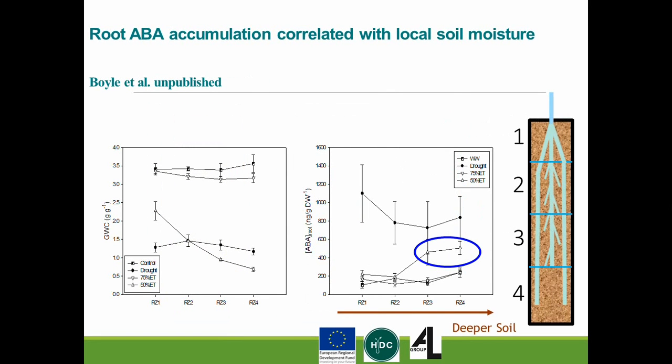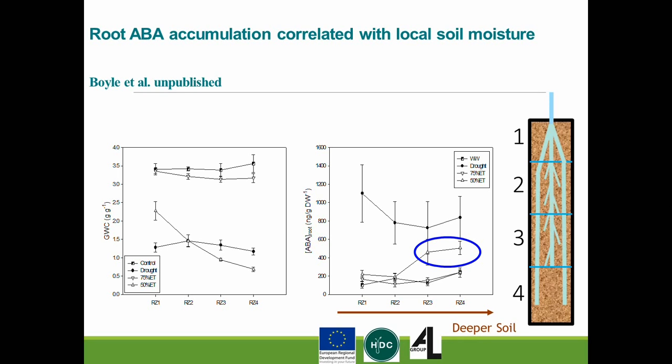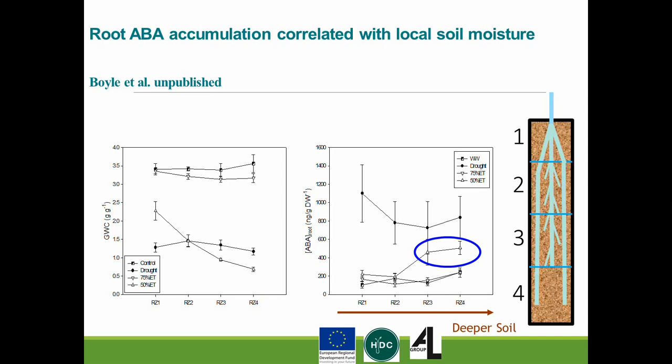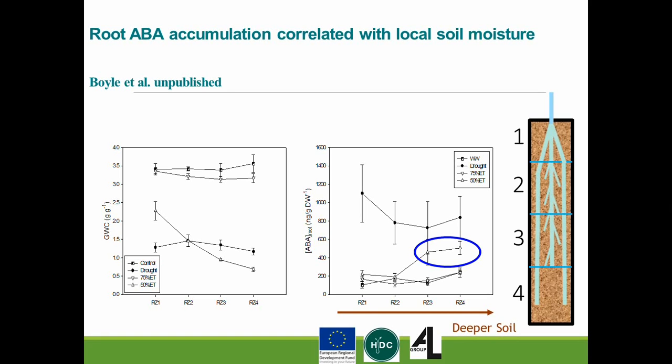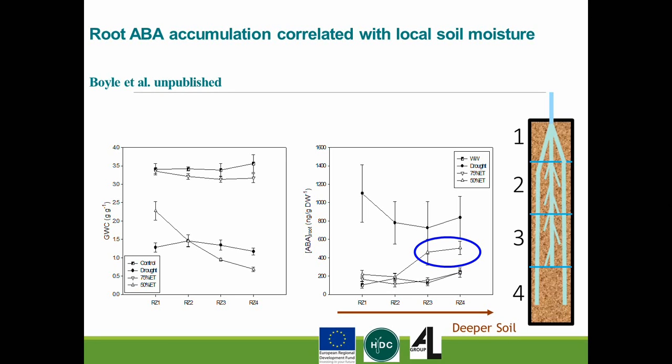And indeed, we can see here for the plants that were exposed to the sustained deficit irrigation, we get, if you like, an inverse soil water profile. So we have high soil moisture in the upper part of the profile and very low soil moisture at depth within the soil profile. And you only get the root ABA accumulation in the lower part of the soil profile, coincident with low soil moisture.